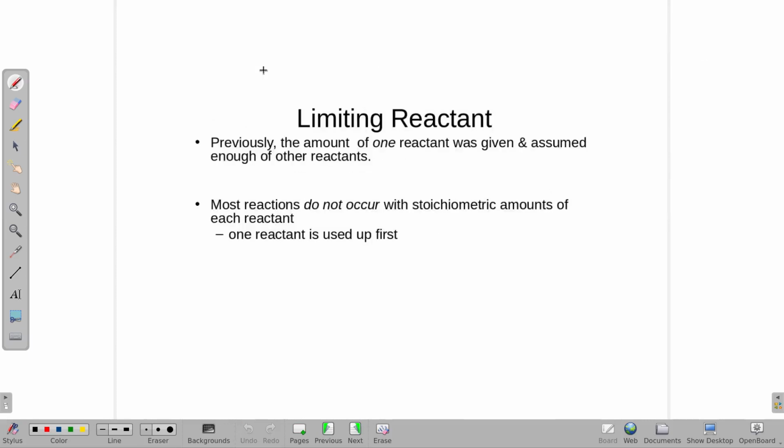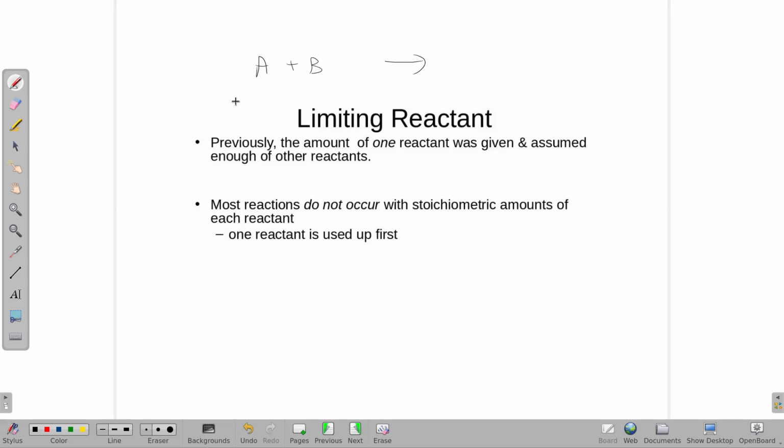All right, so what we're talking about is a limiting reactant. Very simply, if I have a simple reaction, A plus B going somewhere, one of these could be in excess, or a larger amount than what you need. The other one would be the limiting reactant.